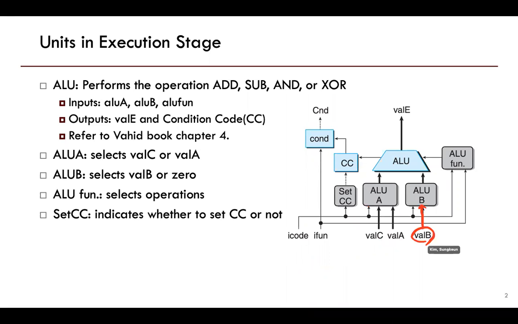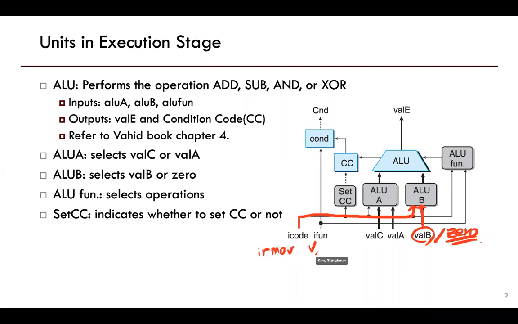Then why do we have this module? The thing is, this unit selects value B or 0. Why 0? Let me give you one typical example using the irmovl instruction again.